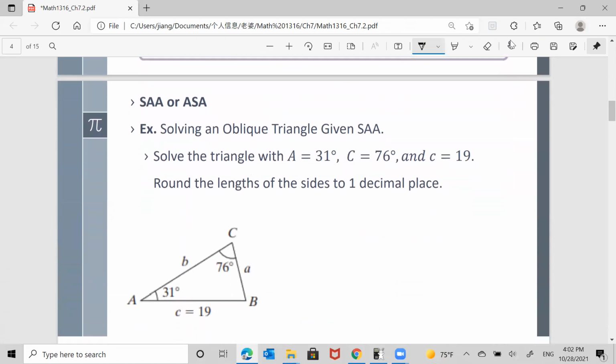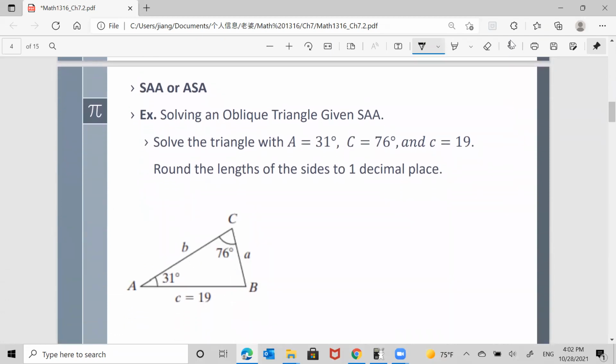Okay, let's see SAA or ASA. What's SAA? S represents side, A represents angle. SAA means they provide us a side, for example a, and then angle alpha, angle beta.